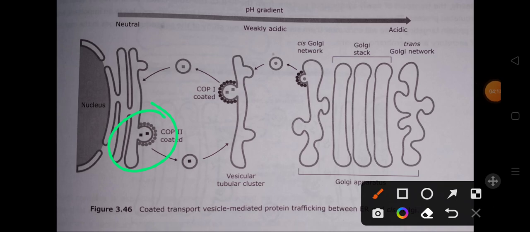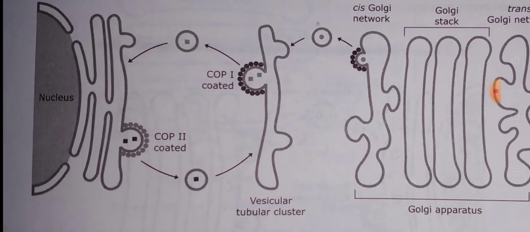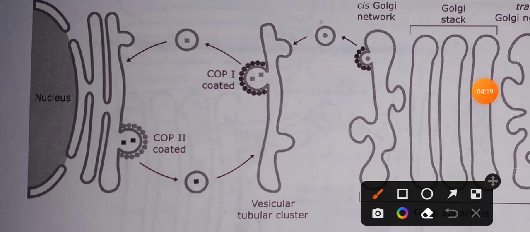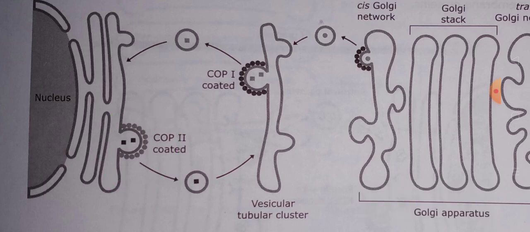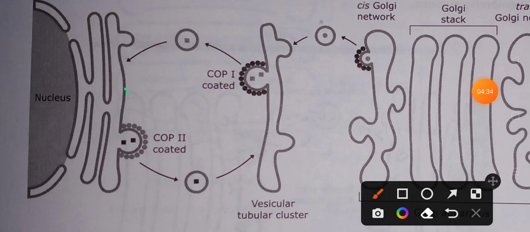As you can see, these vesicles are forming from the membrane of the ER. In the membrane there will be a specialized coated region from where these vesicles will be formed. This specialized region of the membrane will be covered with proteins at its cytosolic end, so that it can easily bud off.